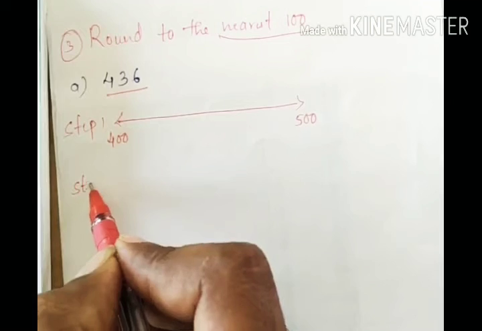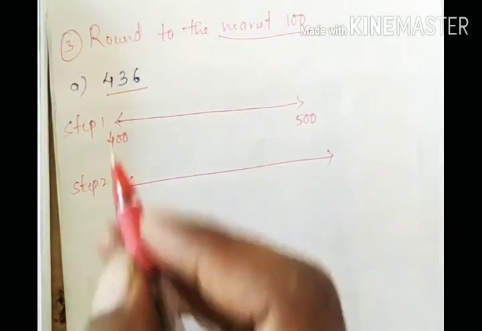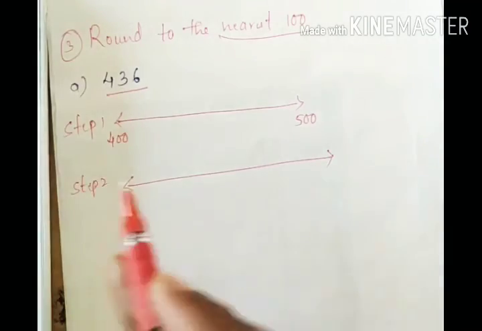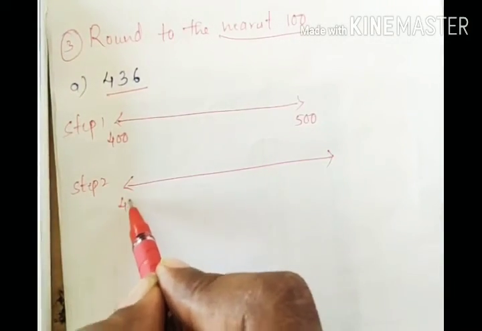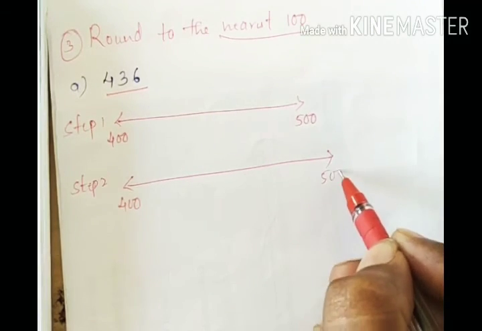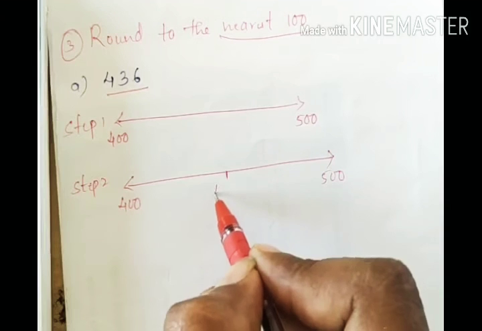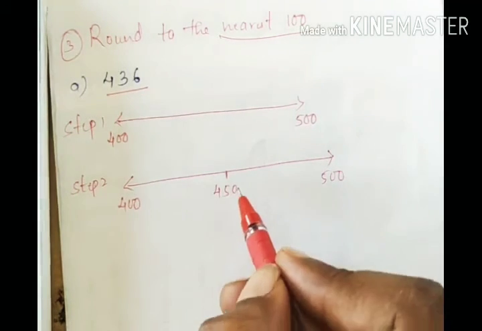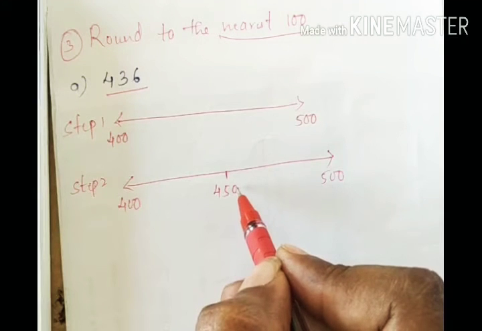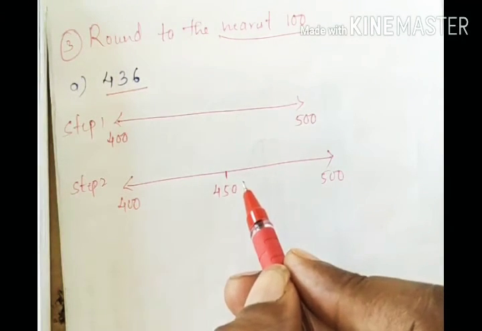And in step 2, just find the halfway, exactly half of 400 to 500. I think you know that between these two, the exact half is 450. 450, right?